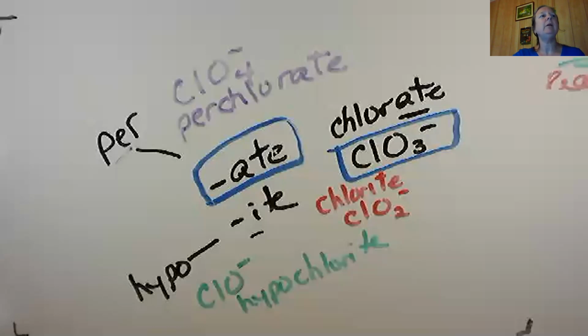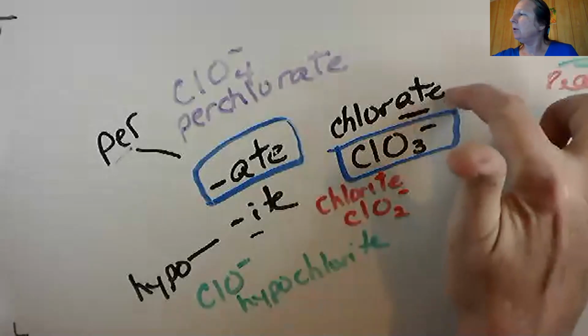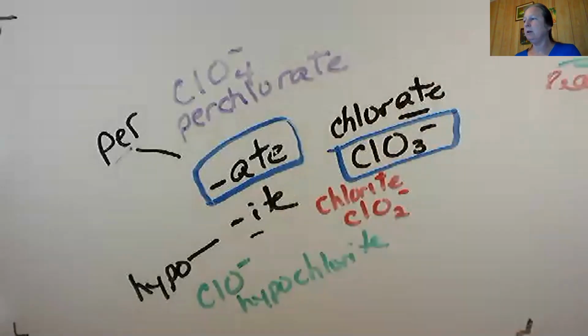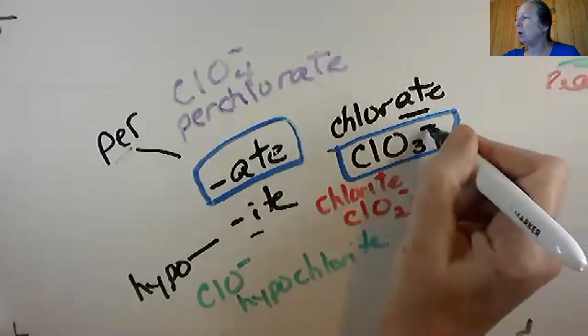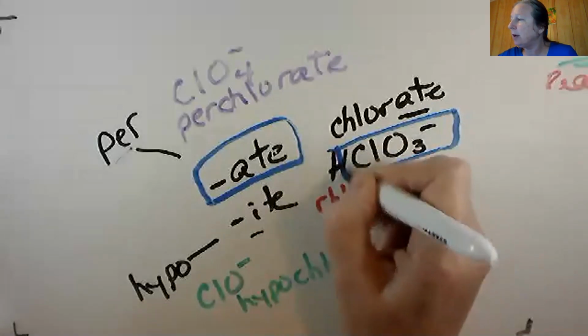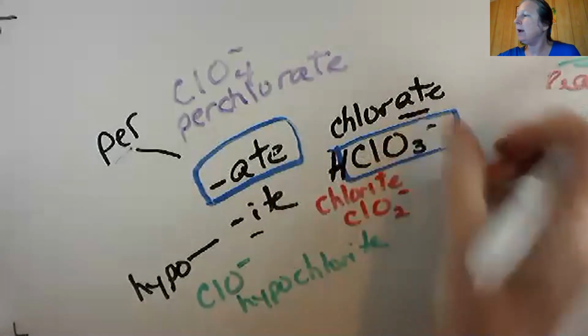And the naming is from the same. So this is chlorate. If it's an acid, that's ClO3. But if I put an H in front of it, now H is going to be one charge. So I'm balancing out this negative here. So it's going to take one H. All right. Now I have an acid.